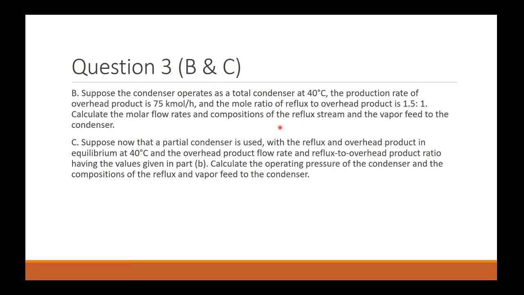Now look at part C. Suppose now that a partial condenser is used, so not all the vapor is condensed to liquid phase, with the reflux and overhead product in equilibrium at 40 degrees Celsius, and the overhead product flow rate and the reflux to overhead product ratio having the values given in part B. So the reflux to overhead product ratio is also 1.5 to 1.